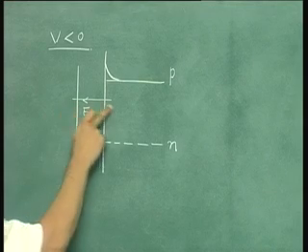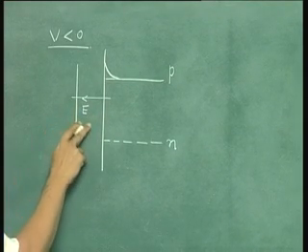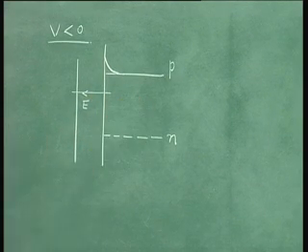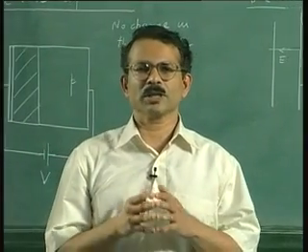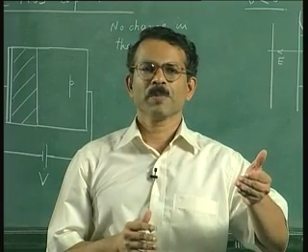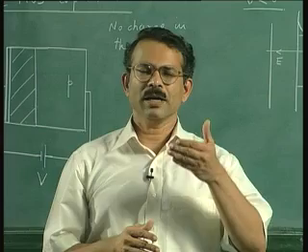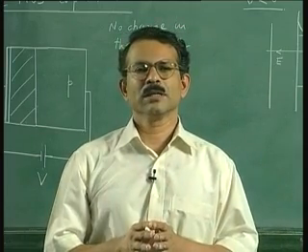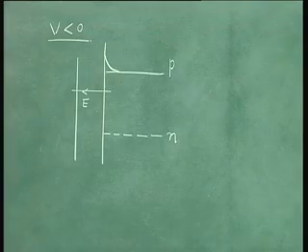Now when you apply a voltage, even then there is no current in the device, therefore the semiconductor is always in equilibrium. This is a very important situation associated with MOS capacitor that distinguishes the MOS capacitor from the PN junction. So this distinguishes the MOS junction from the PN junction, that even under applied DC bias the semiconductor is in equilibrium because there is no current flow.